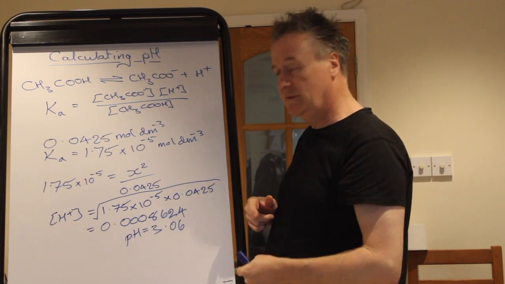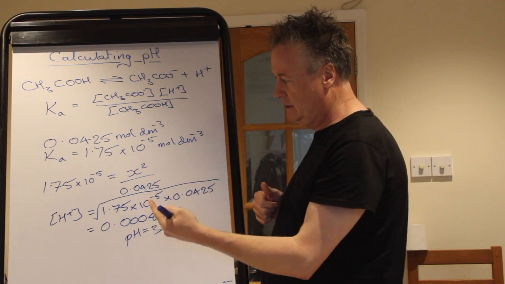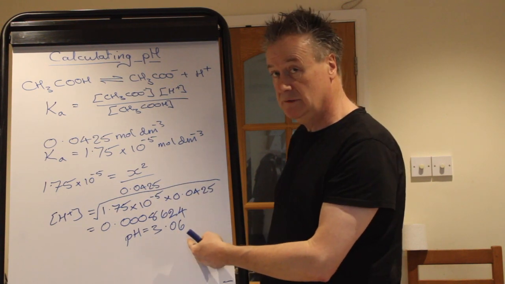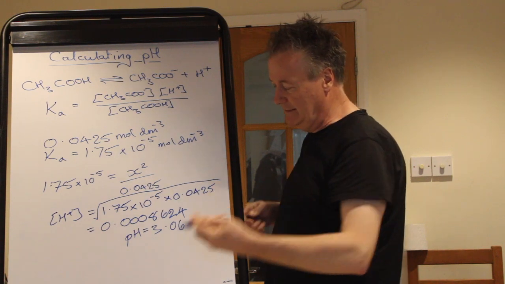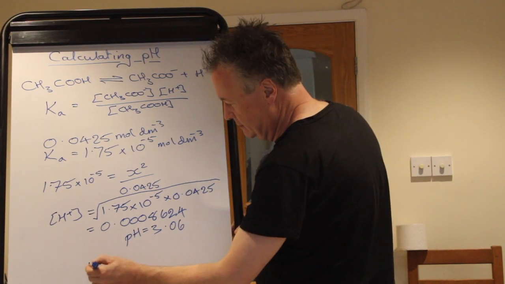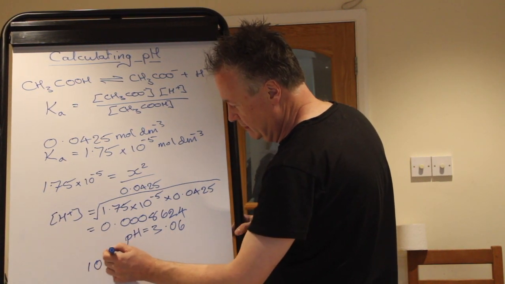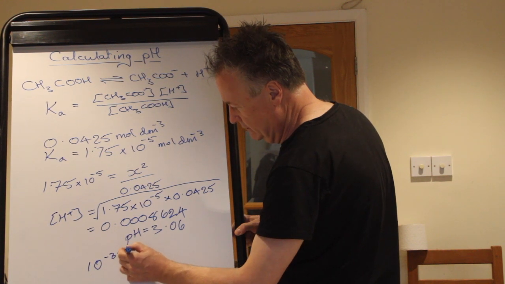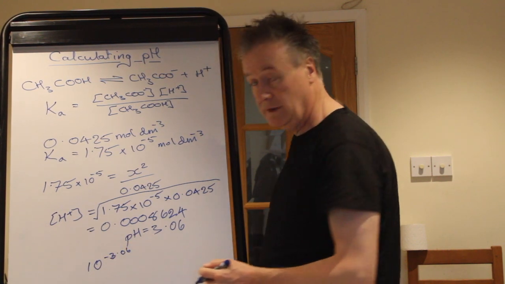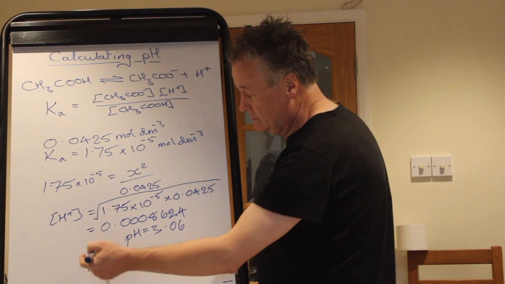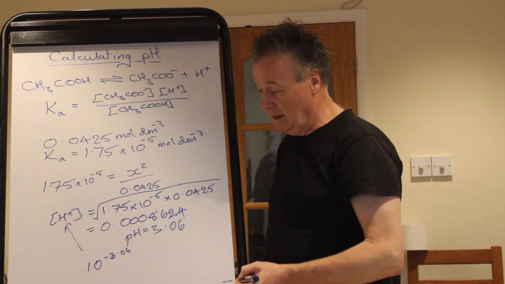You can also do the process in reverse when you know the hydrogen ion concentration because you've been told the pH. If you want to know the hydrogen ion concentration, you would go 10 to the minus 3.06. That's a 3, it looks like a 3. And that allows you to get the hydrogen ion concentration there.